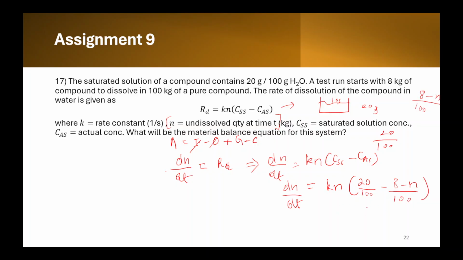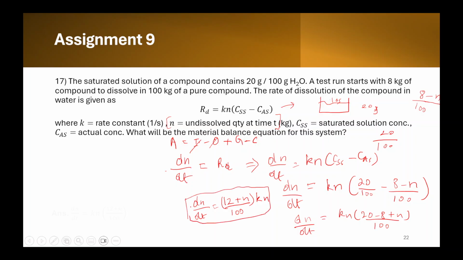If you solve this, it becomes (20 - 8 + n) by 100 into kn. So dn by dt = (12 + n) by 100 into kn. So this is the answer. Next question.